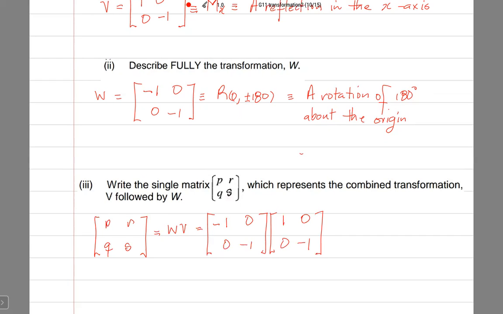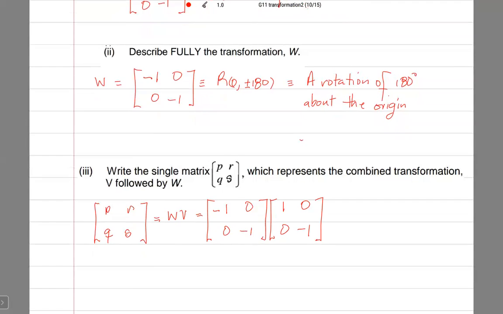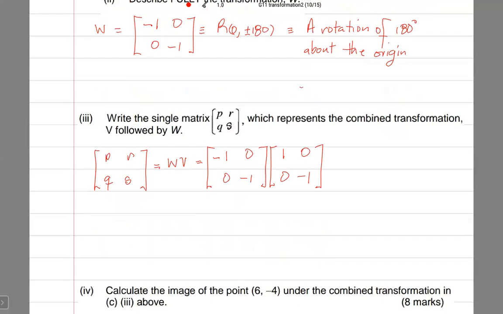All right. Now, if you wanted to, you can just simply use matrix multiplication and get your answer. So let's do that. I'm going to multiply the top row by the left column. If I do that, I'm going to get minus 1 times 1 is minus 1.